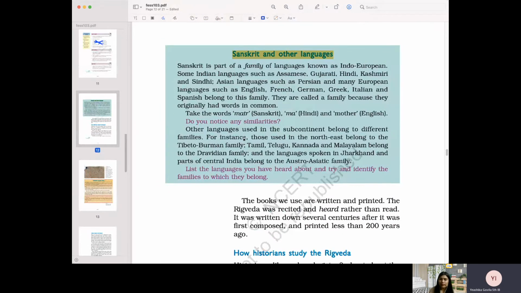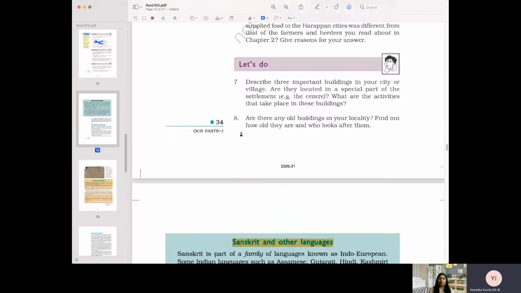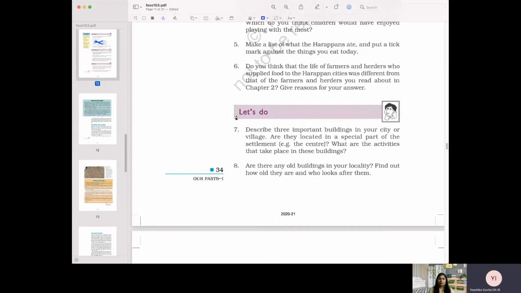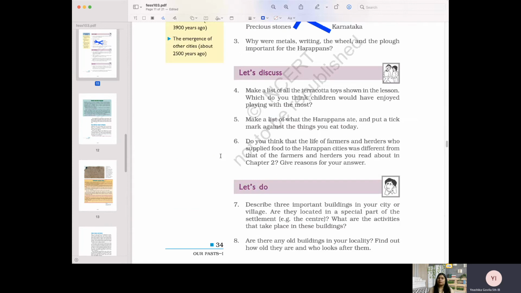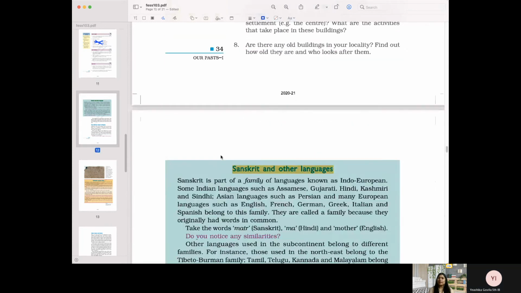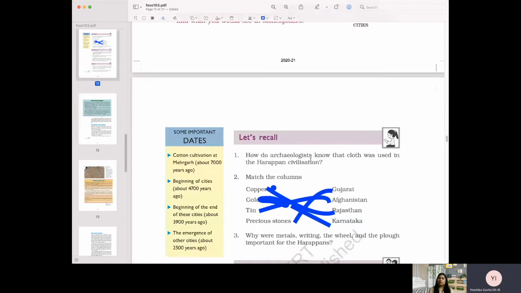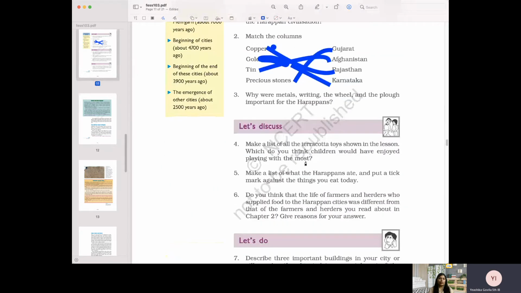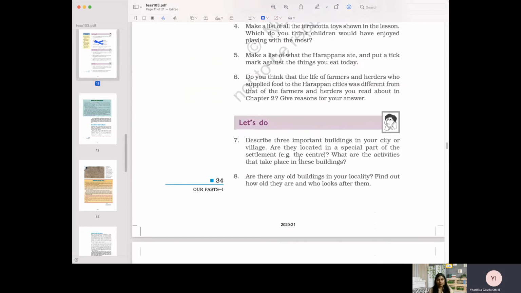Before that, there's another chapter. I think in this book there are two chapters. Okay. So for Harappa, did we do any exercises? Yeah, for Harappa, these were the questions. Okay. All right.